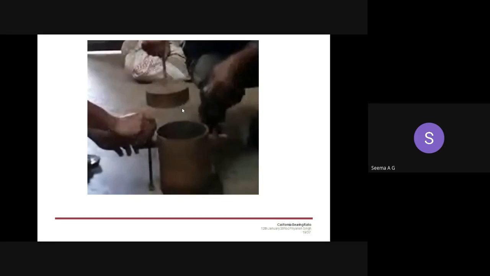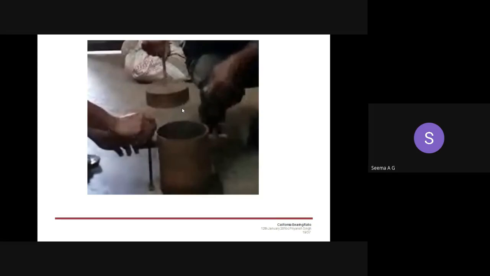Or you can take an undisturbed soil sample. If the soil is slightly cohesive in nature, you can take the undisturbed sample directly, cut it into the required shape and dimension, place it directly in the mold, and test it. Or you can go with the disturbed soil sample. So that is the preparation regarding the soil sample.